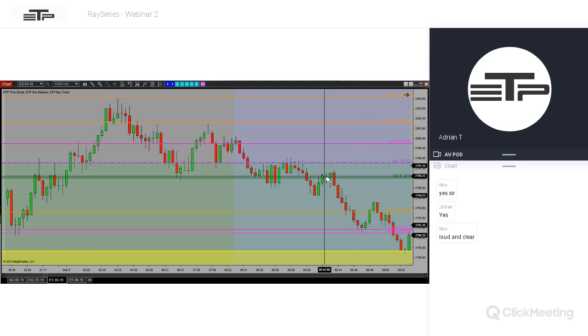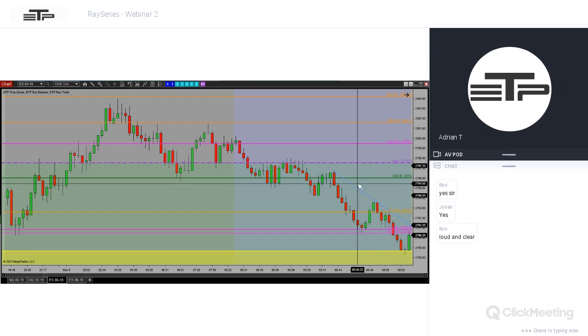So what you could probably do from this sort of situation, we would draw a ray line to actually try to find, oh, not a horizontal. We will draw a ray line, and a not aggressive entry would be when it comes into the zone, you buy or you sell potentially.